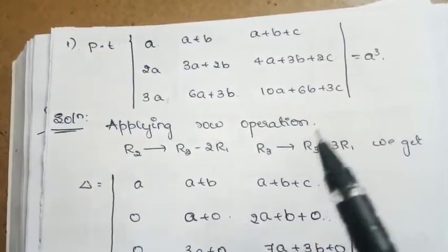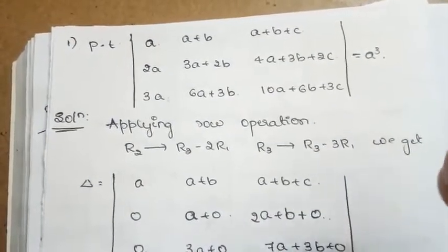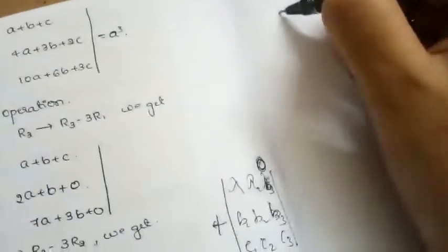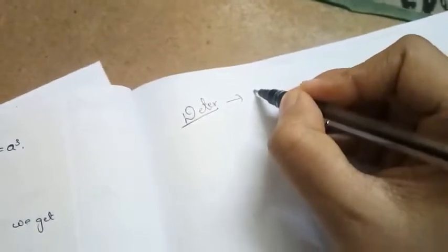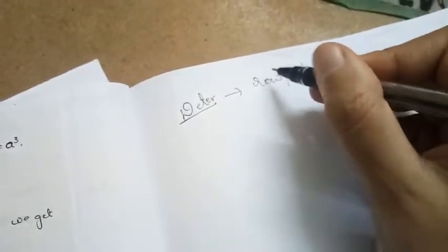How are we using the properties to get the determinant? Make a note that we can get a determinant value in an easier way by making the elements of any one row or column equal to 0.